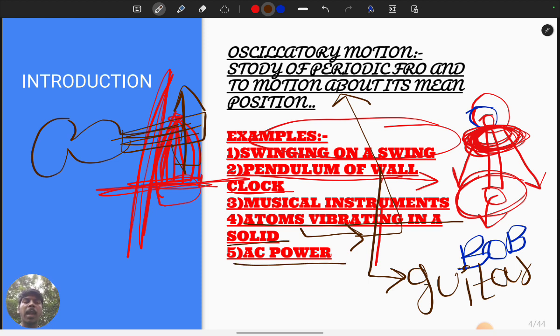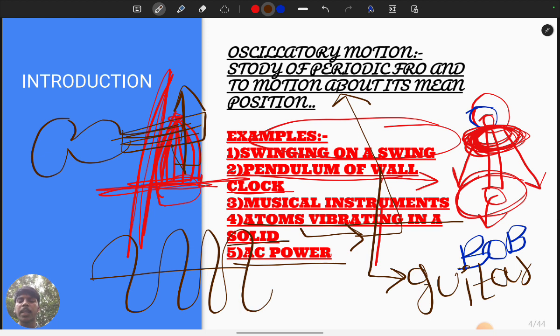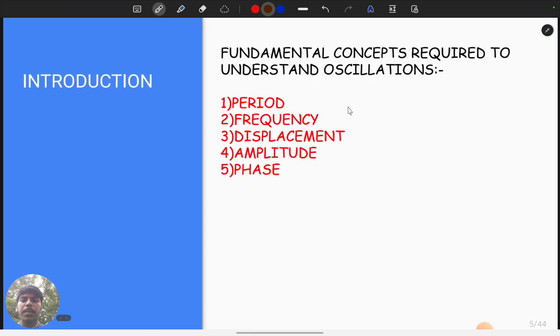AC power is the alternating current which we use in our daily life. In our home we use so many house appliances, and for that we require alternating current. When we see the alternating current waves, they flow like this. So the motion exhibited here is called oscillatory motion. Let's move on to the next slide.